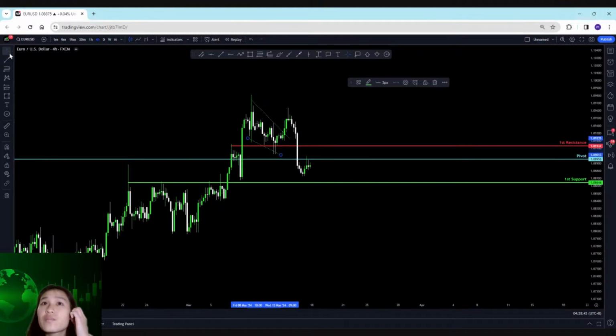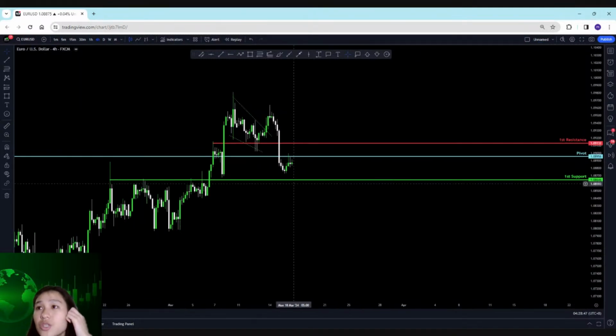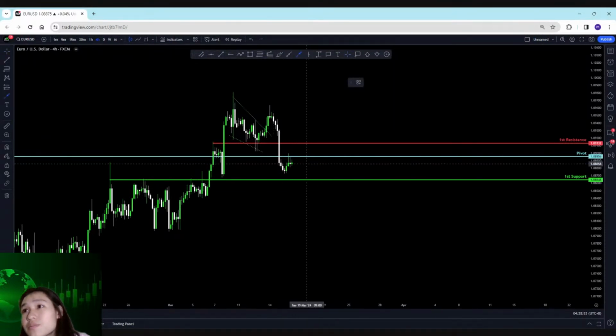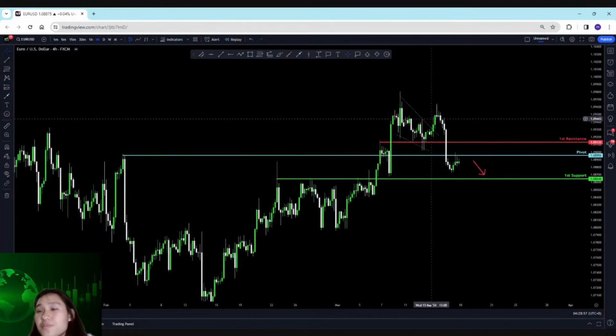So we could be seeing price continue to drop from our pivot towards our first support. Okay, that's our euro dollar on our 4-hour time frame.